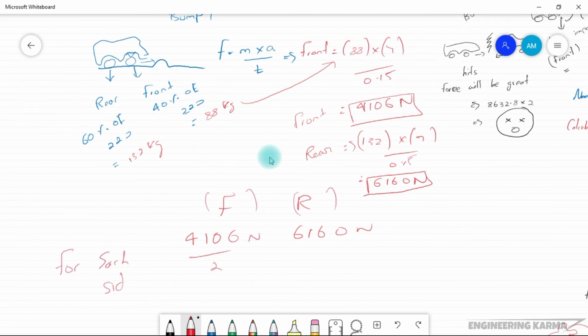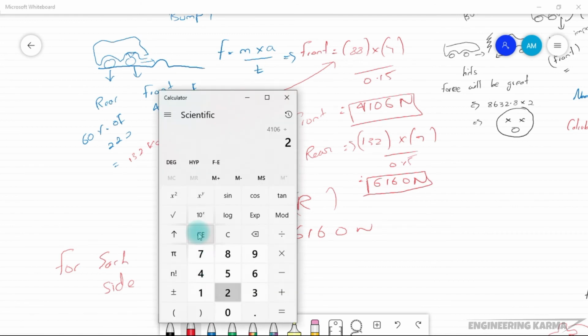I am dividing the obtained value into two, as there are 2 wheels on the front and 2 wheels on the rear.